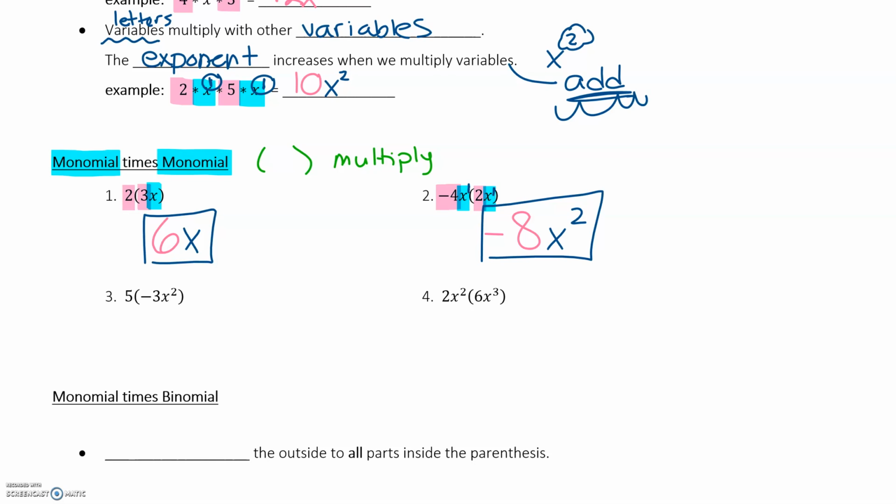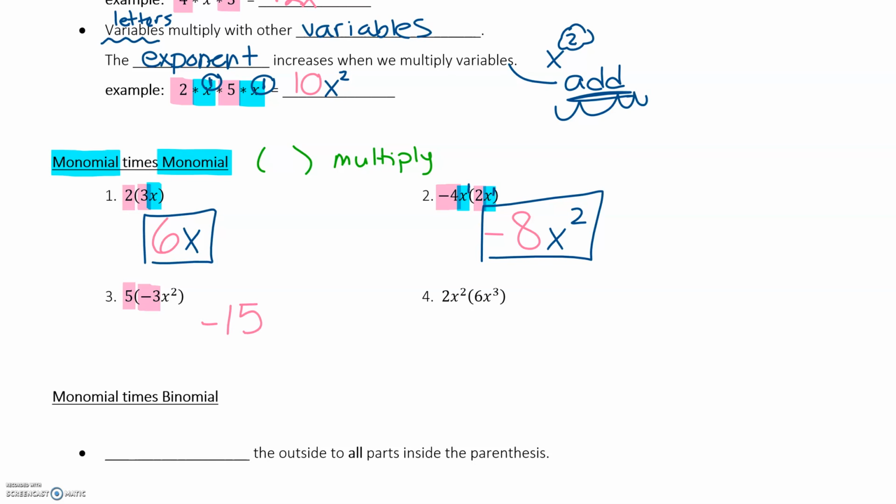All right, let's look at example 3. If you think that you can do example 3, go ahead and take a minute and try to multiply the coefficients together and then the variables and see if you get it right before I do. Coefficient is a 5, another coefficient of -3. So 5 times -3 is -15.